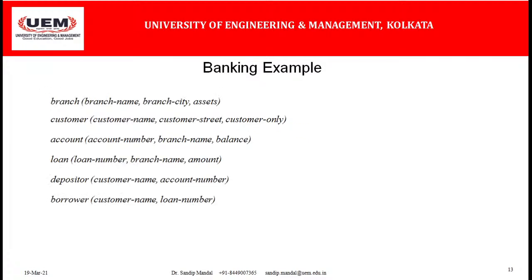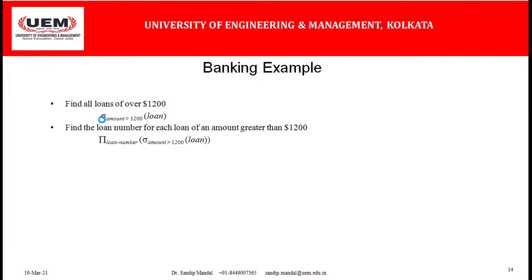So you have to easily find the relation first; if it is related to the loan, we have to focus on this particular loan relation. Then where the term is find all, you must use select. So select from the loan table, depending on the selection predicate, that is amount over 1200.